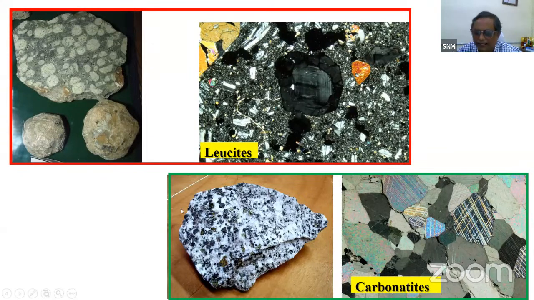The lower one represents carbonatite. Here you can see mostly it is calcitic, calcite. This is also a cumulate with calcite, and some may be dolomitic also.